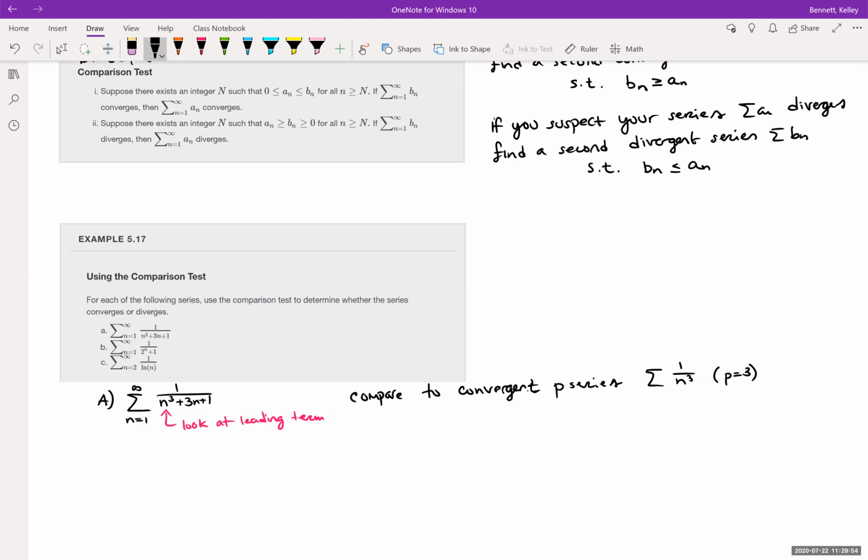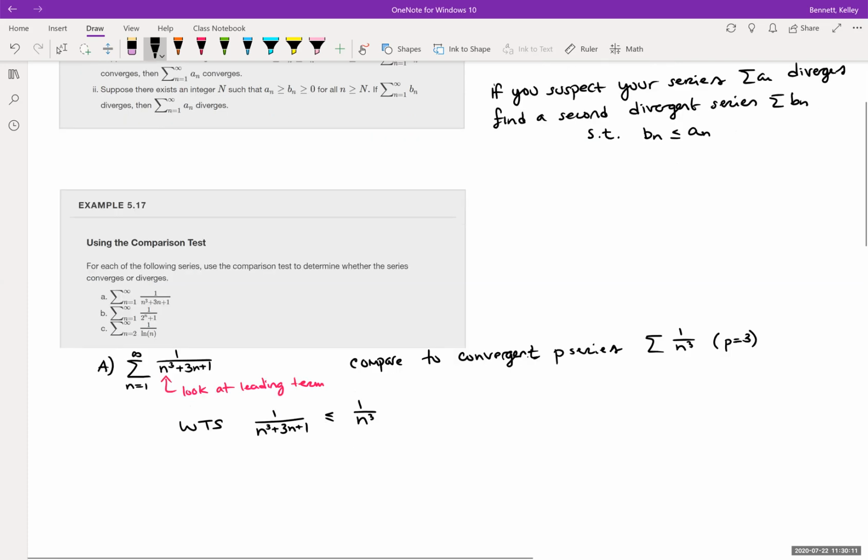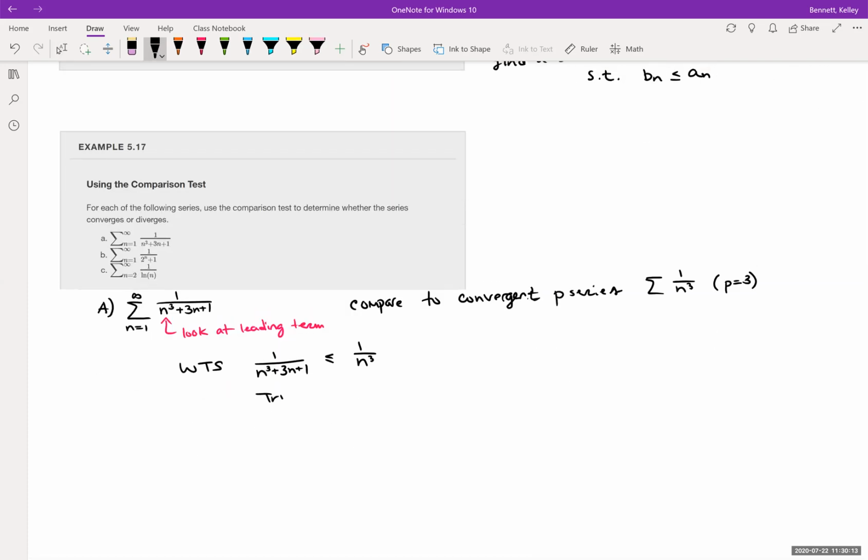So what you want to do, WTS, want to show that 1 over n cubed plus 3n plus 1 is smaller than 1 over n cubed. And this is pretty obvious, right? This is true because n is positive, right? So the denominator on the left is bigger than the denominator on the right. So check.